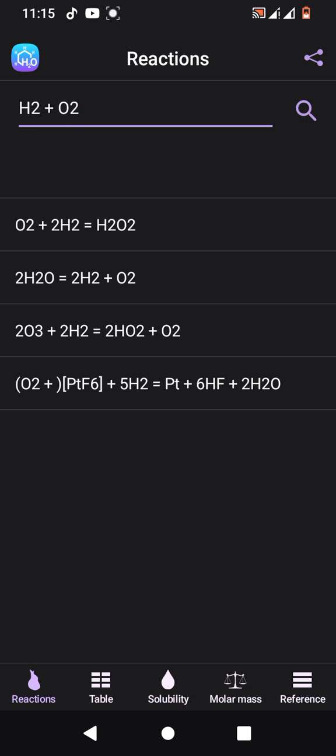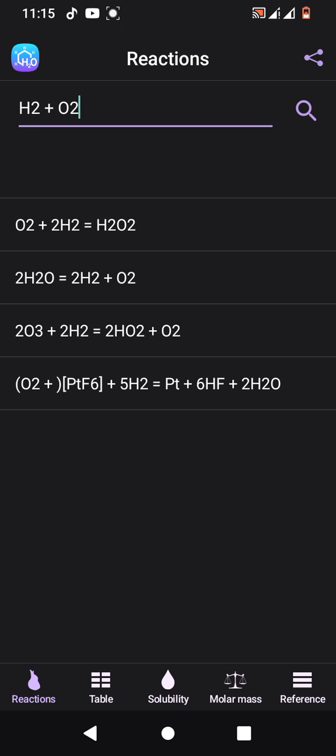So in our second formula, let's start from the right side. We've got 2 molecules of hydrogen plus 1 molecule of oxygen. So this hydrogen and oxygen reacts to form 2 molecules of H2O.